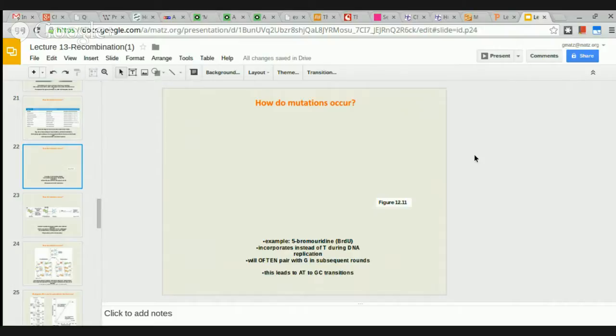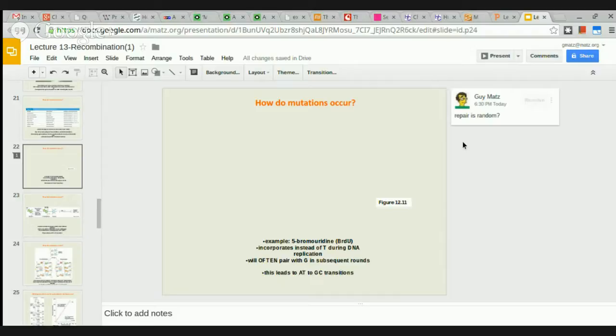And so there's something called bromouridine that incorporates as a T during DNA replication. But that is exactly as a T, except that because of the bromine atom, the tautomer is a lot more frequent. And so bromouridine incorporates as a T, but then will a lot more frequently than the normal base pair with C. It forms the tautomer a lot more frequently, basically.